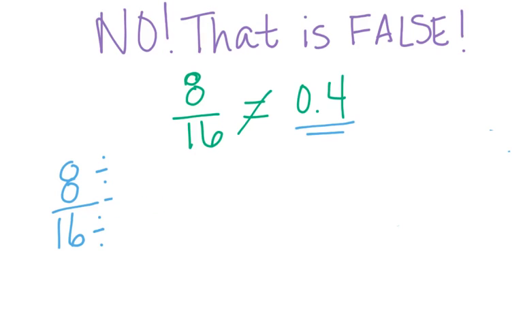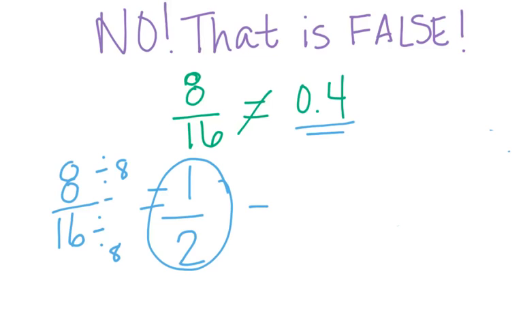Because when I was simplifying and I was trying to find a common number to divide the top and the bottom by, I could have divided the top and the bottom by 8. 8 divided by 8 is 1, and 16 divided by 8 is 2, and I would have gotten that a lot faster to get me to 5/10. I just wanted to show you that real quick.